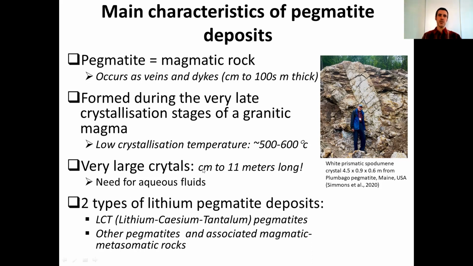We can distinguish two subtypes of lithium pegmatite deposits, the LCT type for lithium, cesium, tantalum pegmatites, and the other subtype includes other pegmatites and their associated magmatic and metasomatic rocks.